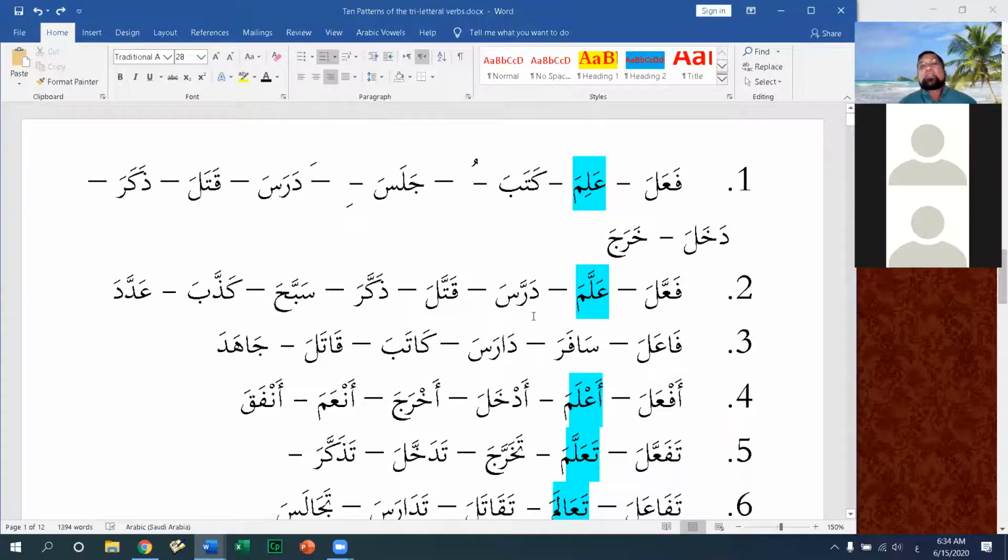So in علم and درس, because they mean pretty much the same thing. علم means he taught. درس means he taught. The teacher is معلم, مدرس. See that? That's the pattern. The student is mu'allamun, the one who has been taught, and mudarrasun, the one who has been taught.